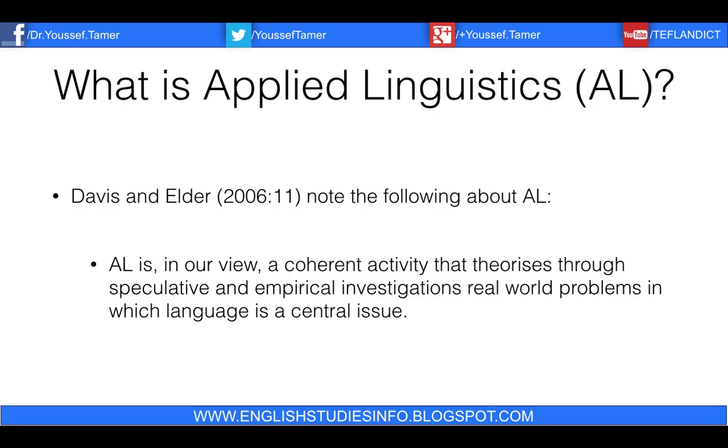So you have a theory, and then speculation, empirical investigation, you have data, and then you start analyzing the data, and then you come up with solutions for those problems that you investigate. And in all these real-world problems, language is a central issue. It's a focal point, but of course, in relation to other spheres of life.